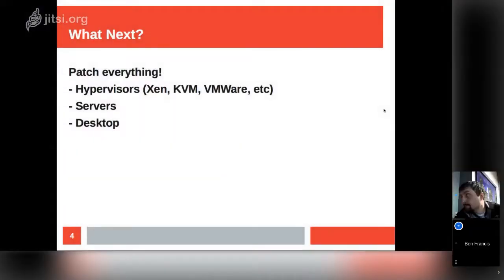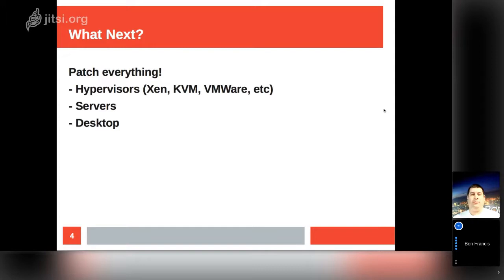Yeah, I'm glad you brought that up. There's a difference between what's happening with Meltdown versus Spectre. Spectre affects all the chips designed since 1995, so I've read.